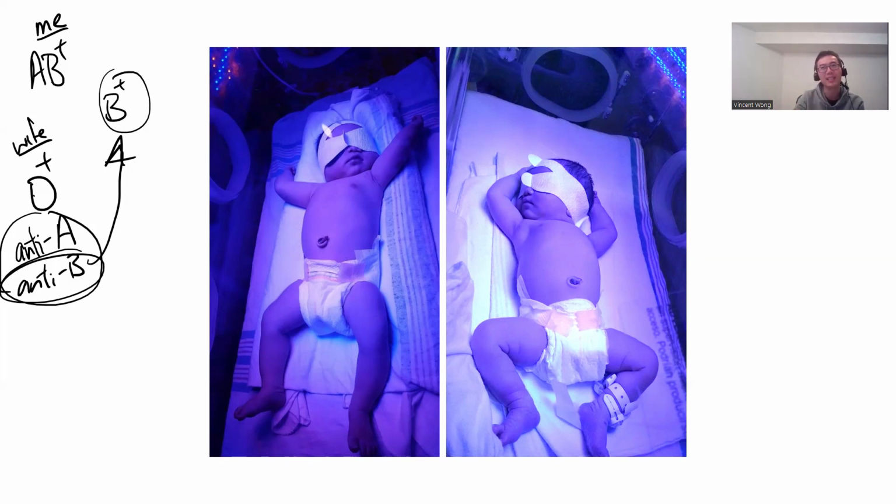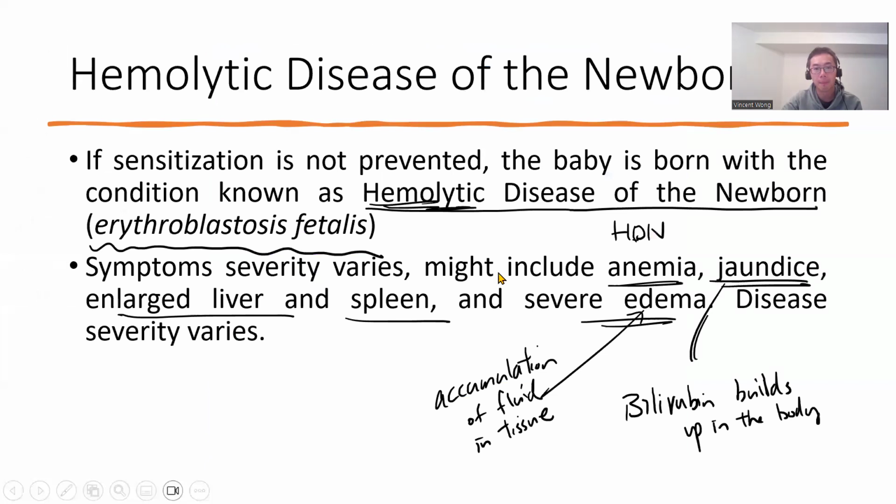So for the second one, even though we were feeding her formula, she was in and out for the first 2 weeks just to get the phototherapy. Okay. So jaundice, again, it's just a situation where there's a minor mismatch, but with severe mismatch, then you have all these extra complications, right?